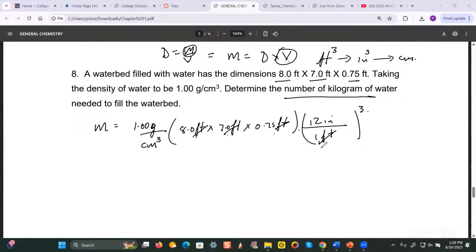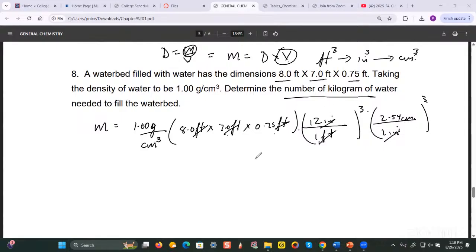All right? Then we have to convert from inches cubed to centimeters cubed. We know that there are 2.54 centimeters in 1 inch, so we're going to put 1 inch down here and 2.54 centimeters above. Again, we have to cube that so that this inch cubed unit will cancel out with that inch cubed unit.